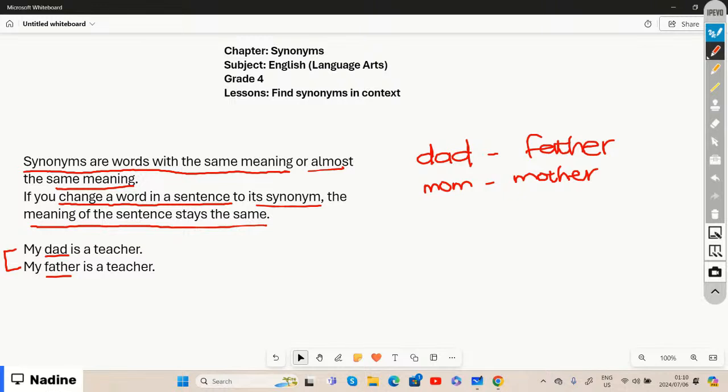And then if we have that very same sentence, but now we are changing the synonym, instead of saying my dad is a teacher, we're now saying my father is a teacher.